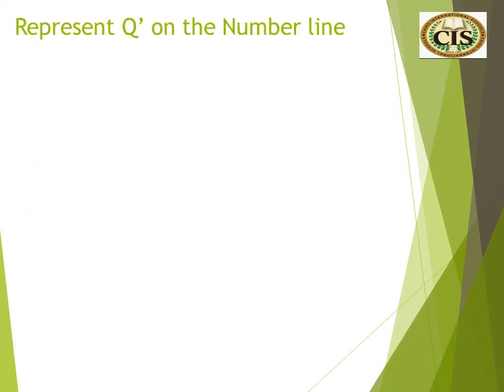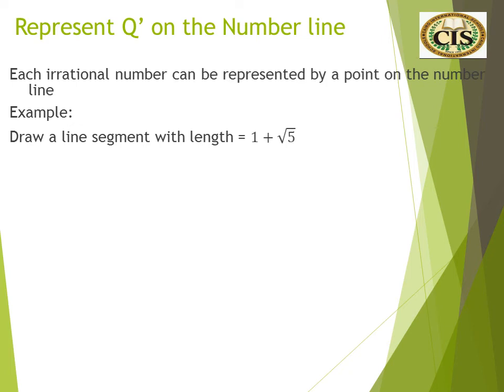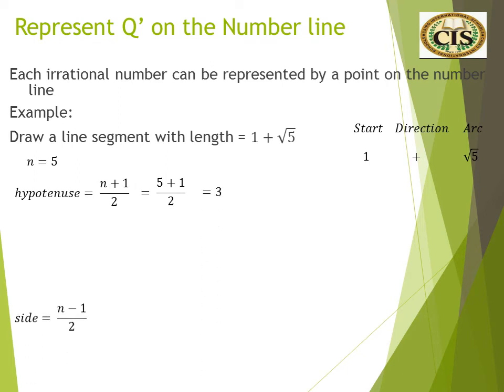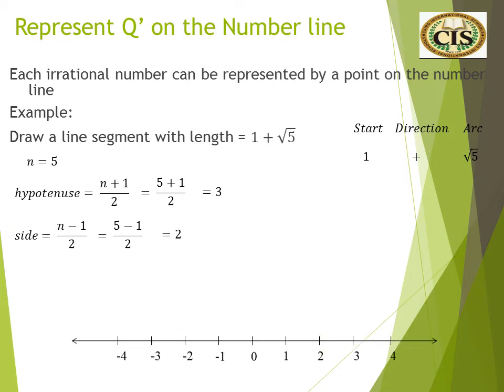If we want to represent a sum or difference, for example 1 plus root 5, we represent root 5, but we start by drawing the right angled triangle from 1. If n equals 5, (5 plus 1) over 2, the hypotenuse, equals 3. The other side, (5 minus 1) over 2, equals 2.